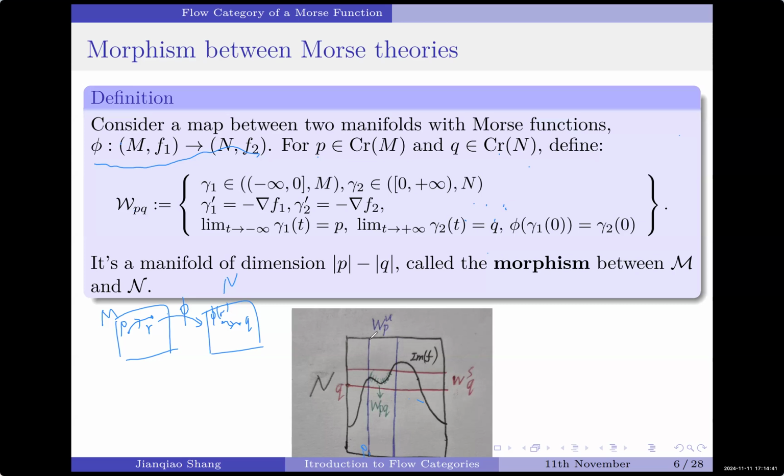This is the point P, and I use this segment to denote the unstable manifold of P, and here it's the unstable manifold of Q on N. I consider W^u_P times N intersect with W^s_Q times M, and consider the rectangle part here, and the intersection of this rectangle and the image of F is the space W_PQ.